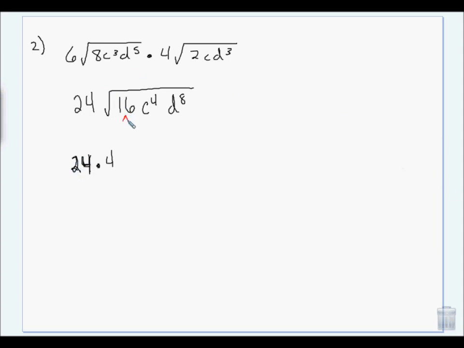That's 4 times 4. Divide by 2 and divide by 2. So I get c squared d to the fourth. So this is 96 c squared d to the fourth.